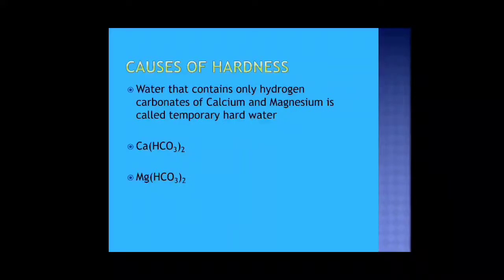Calcium carbonate is insoluble in water, so it is not going to mix. But over a period of time, if it reacts with oxygen, if it reacts with water and carbon dioxide, it can form calcium bicarbonate, and calcium bicarbonate will cause water to get hard temporarily.